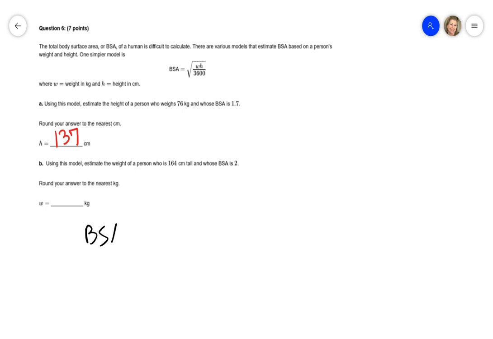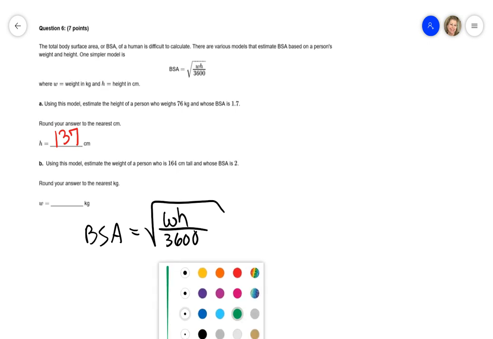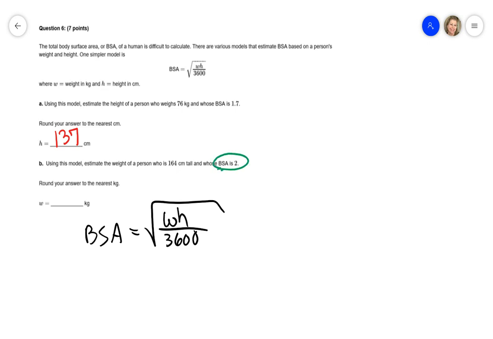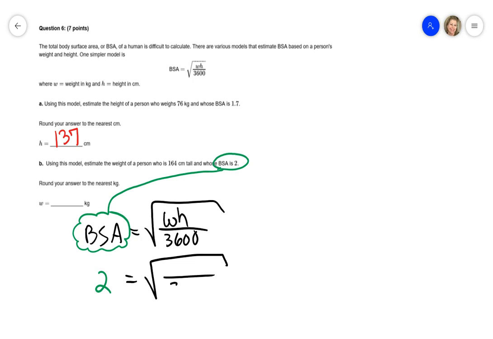You've got BSA is equal to the square root of WH over 3,600. We were told that the BSA is 2, so that's going to go right here, 2. And then we were looking for W, so W stays in there, and who's 164 centimeters. Height is in centimeters, so this is the correct number.